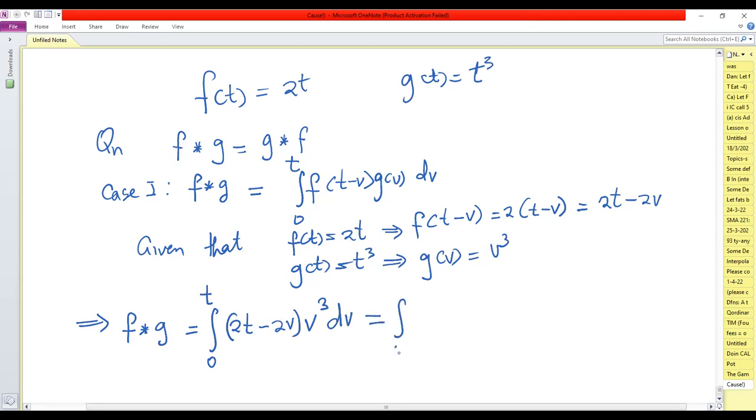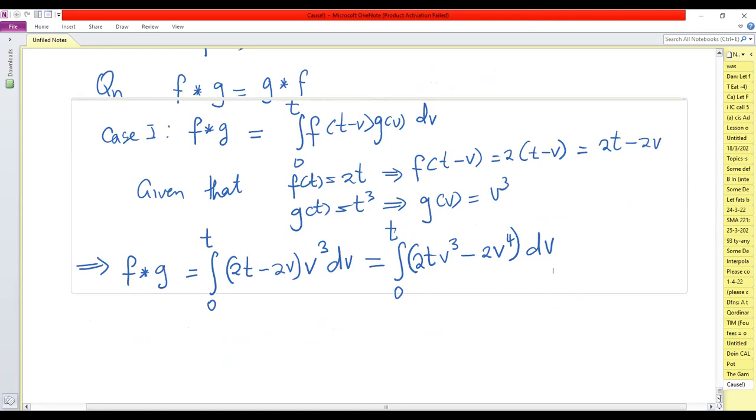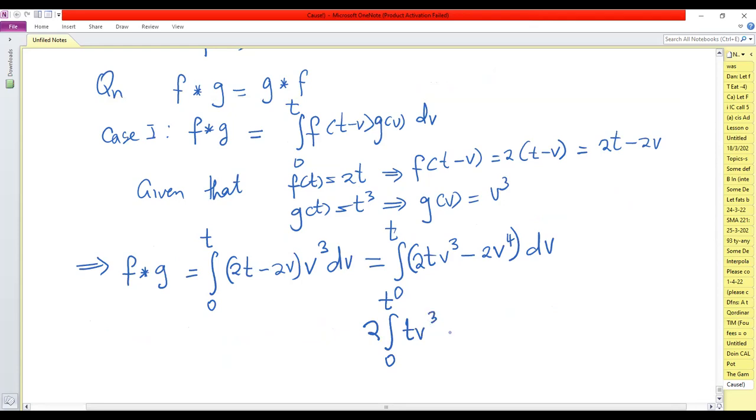Now, this is the same as the integral from 0 to t. Opening the brackets, we'll have 2t v power 3 minus 2v power 4, integration with respect to v. Now, this can be written as, you see 2 is common, so we can factor out 2: integral from 0 to t of t v power 3 minus v power 4, integration with respect to v.